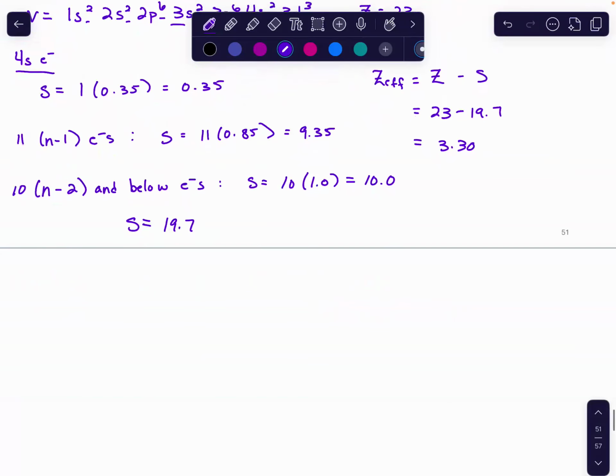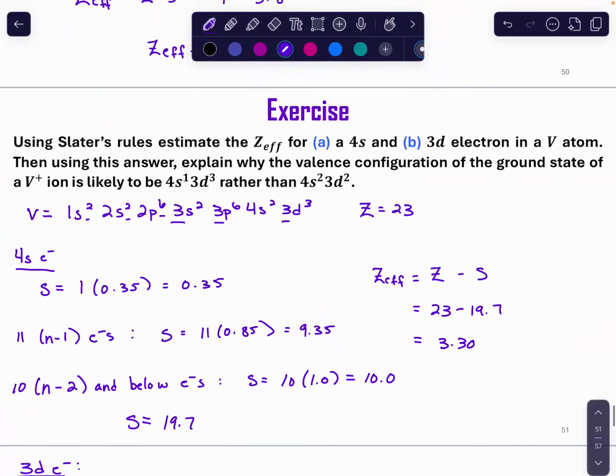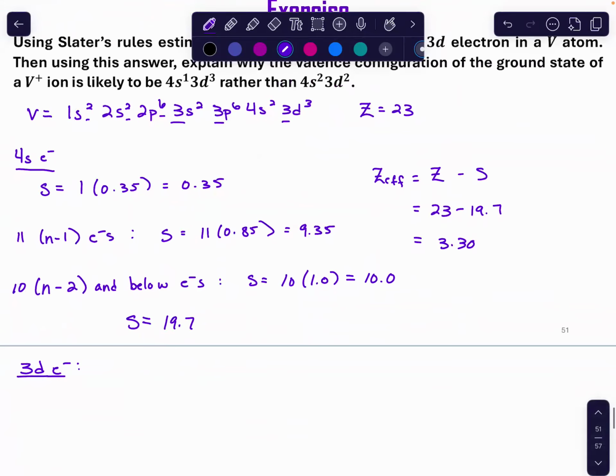Okay, so for a 3d electron, let's look here. n equals 4 is above n equals 3, so we're not even going to consider those electrons.